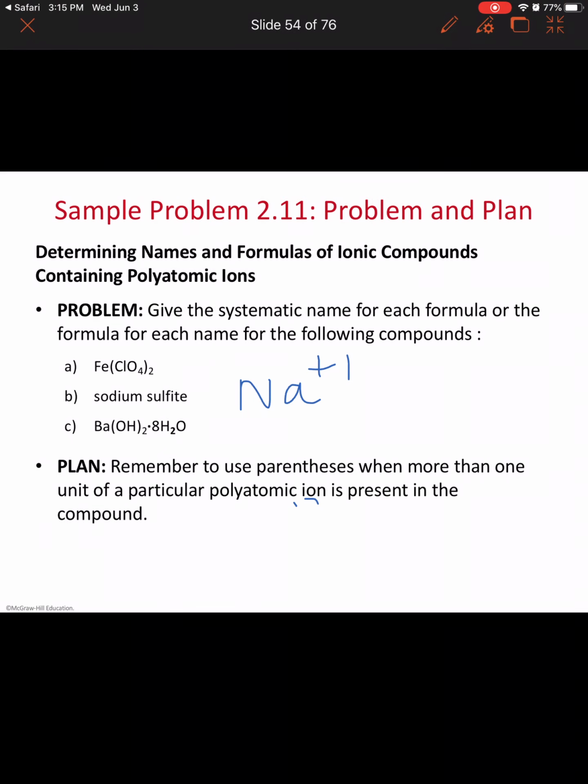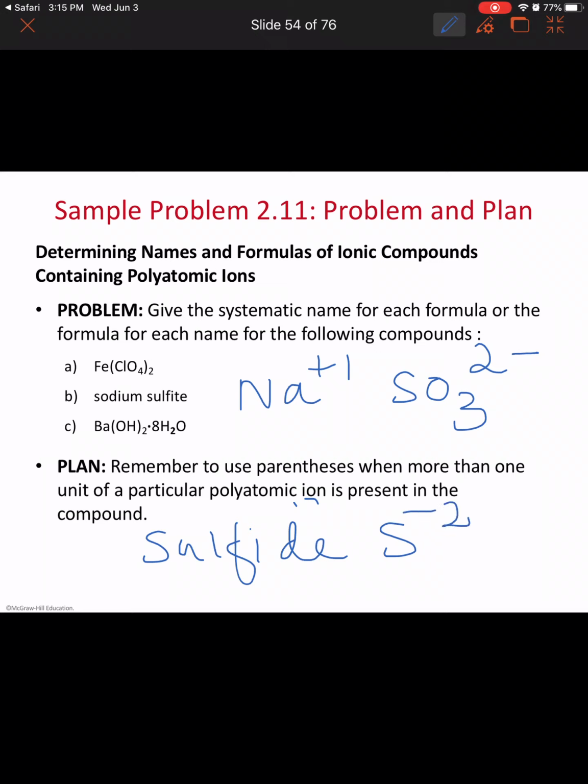Remember, sulfide, S-U-L-F-I-D-E, is minus 2 ending in -ide, directly coming from the periodic table, but this is sulfite, I-T-E, coming as a polyatomic ion. Sodium sulfite.